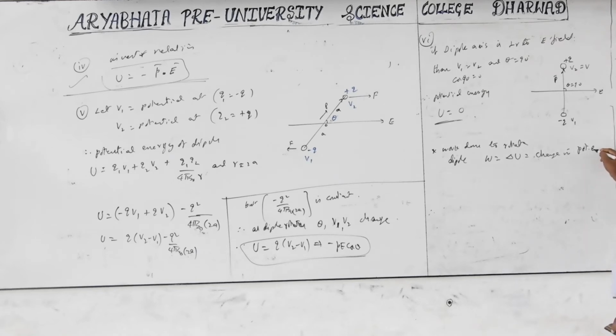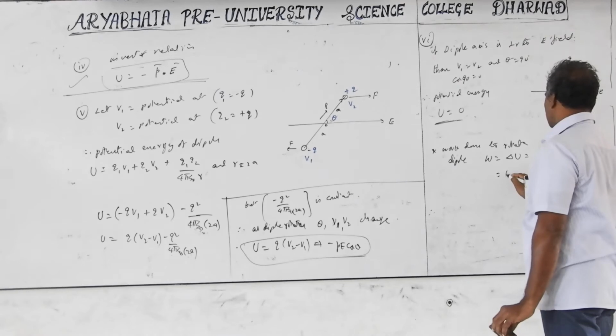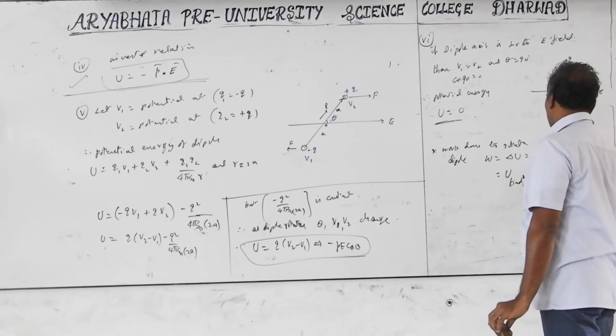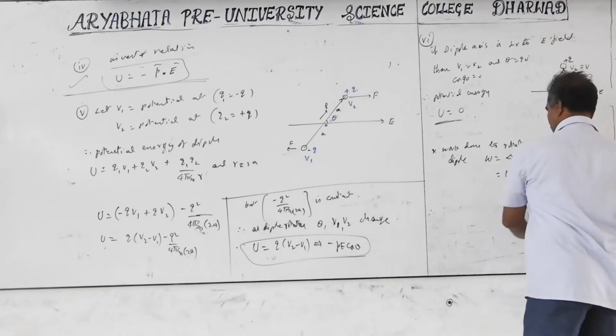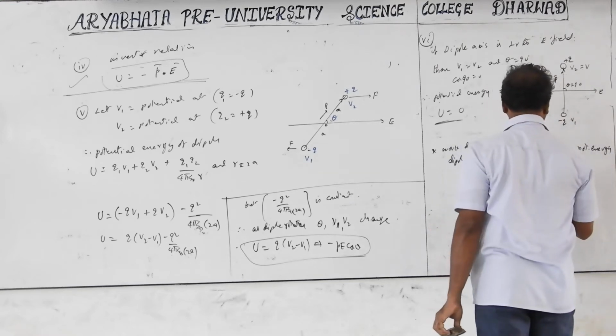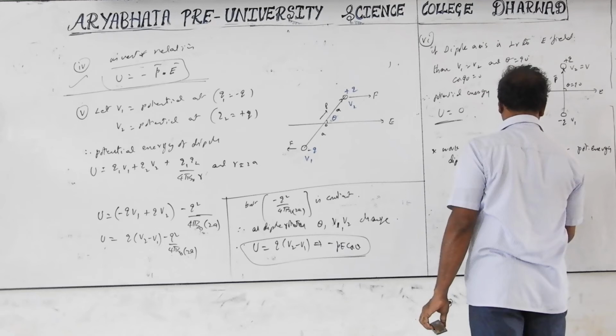Write the complete words for change in potential energy, which is nothing but final potential energy minus initial potential energy, U final minus U initial.